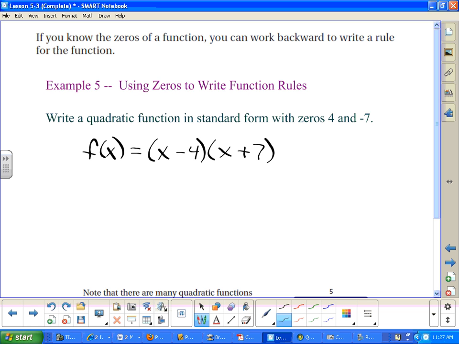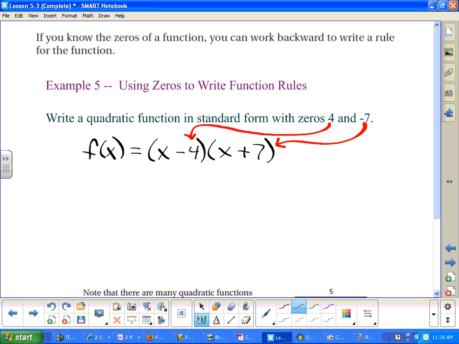So the first thing I do is write them in factored form. Take those zeros and just notice that this was a positive 4. In factored form, it's a negative 4. This zero was a negative 7. In factored form, it's a positive 7.